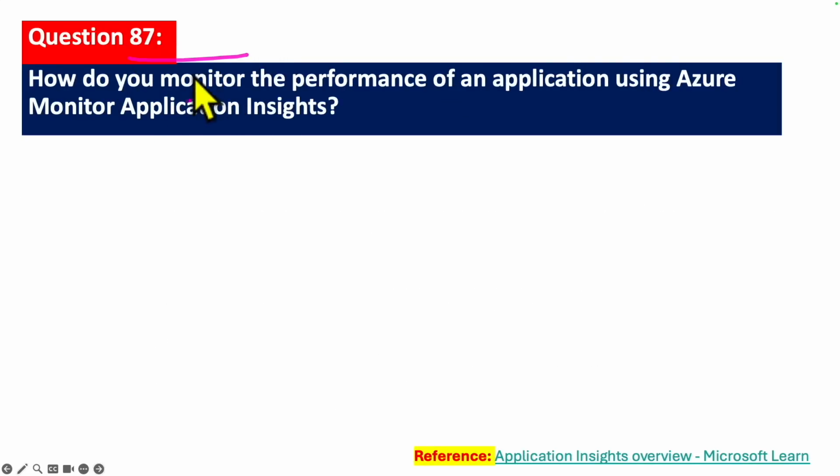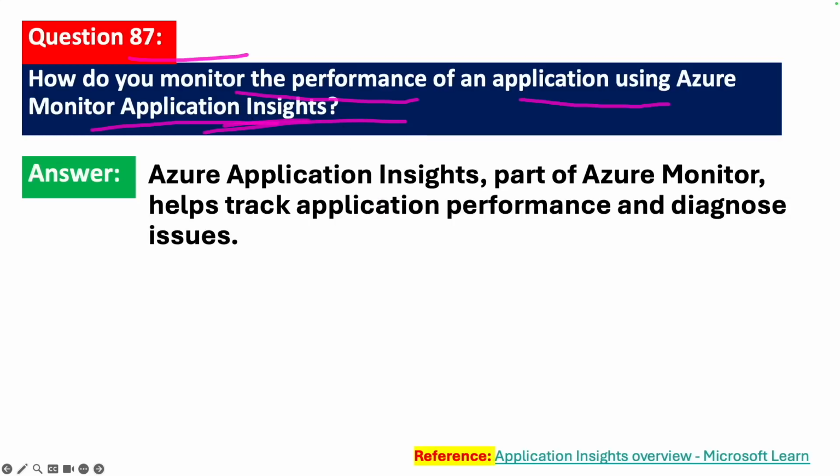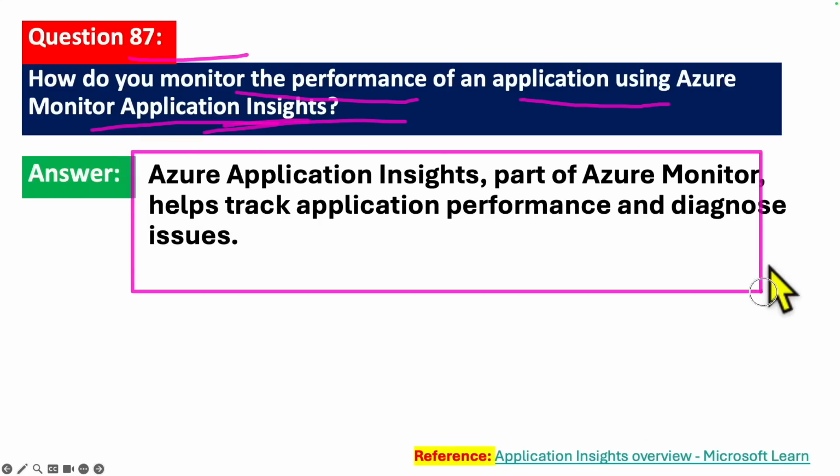Let's look at question number 87. How do you monitor the performance of an application using Azure Monitor Application Insights? So that's the question. The interviewer is trying to understand your knowledge of Azure Application Insights. First, let me help you understand what Azure Application Insights is.